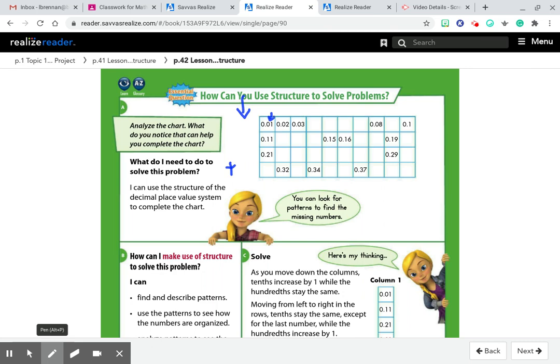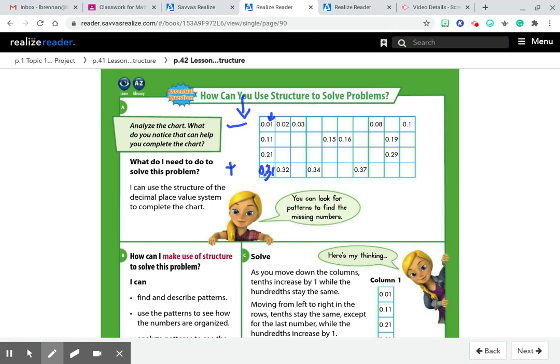So what do you think would come next? I have a 1, an 11, and a 21. I notice they all have 1s in the hundredths place, and they all have 0s in the ones place. And they're all increasing by 1 in the tens place. That's going to be a 3 there. So I can see my pattern now.